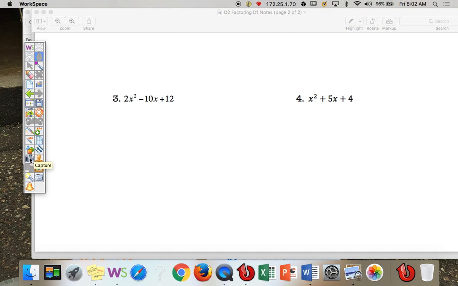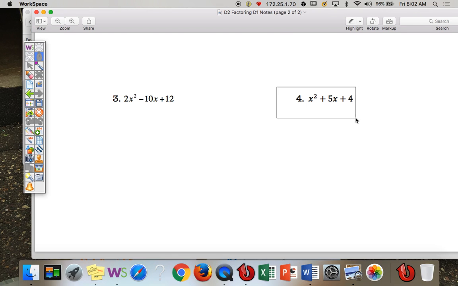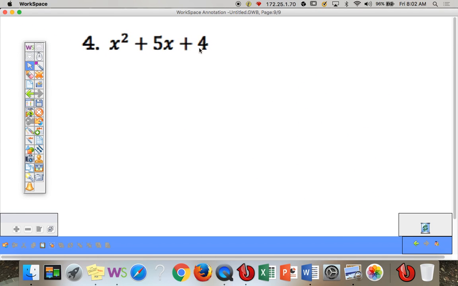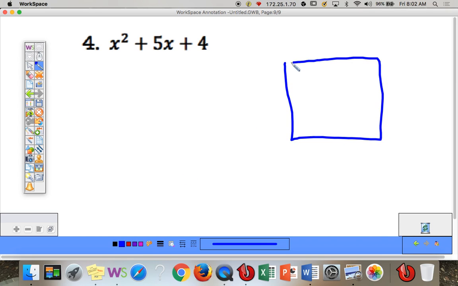All right, let's try one more box and circle. And this will be what we practice today, also tomorrow as well. All right, x squared, 5x, 4. There's not a greatest common factor besides 1. So let's put this right in our box and circle. So we have x squared, 5x, and a 4.